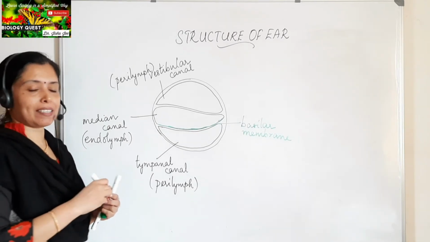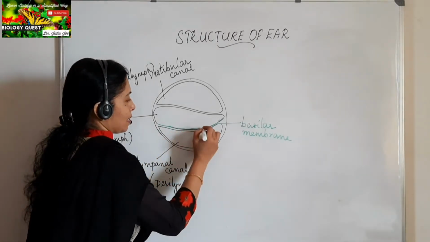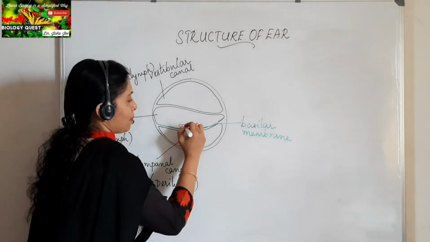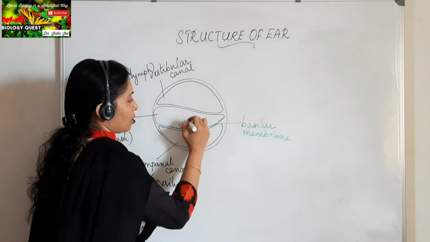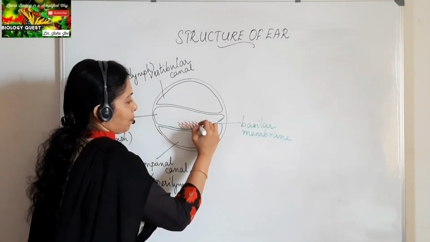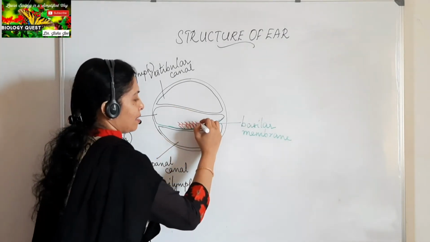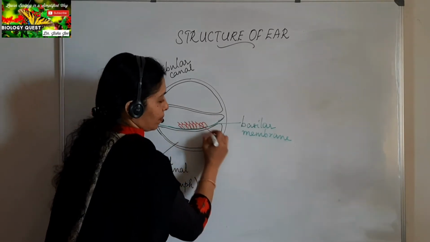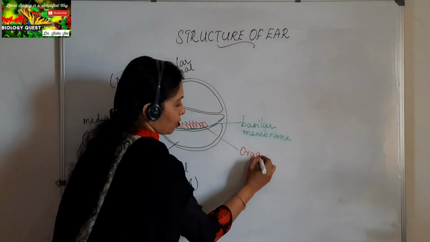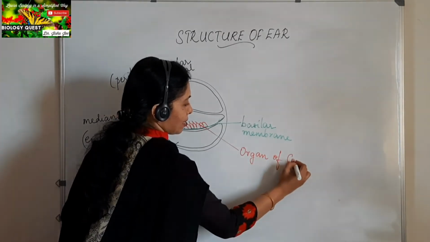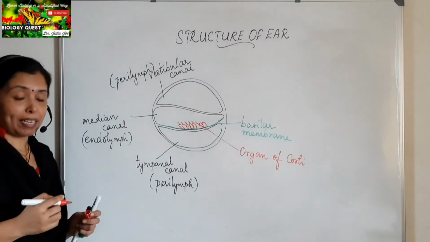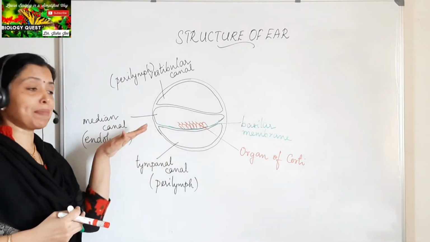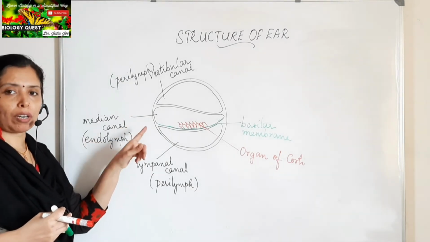You can see the sensory cells are present there. They have hairs projecting into the fluid. This group of cells is called the organ of Cochlea. The organ of Cochlea contains the sensory cells for hearing. Where is it present? It is present on the basilar membrane of the median canal of the cochlea.